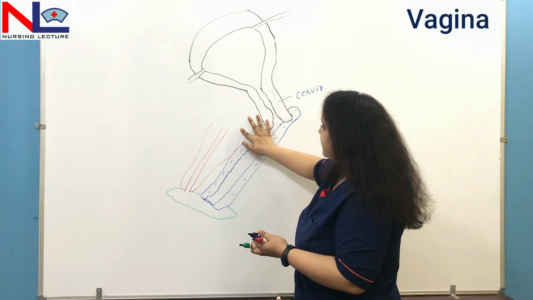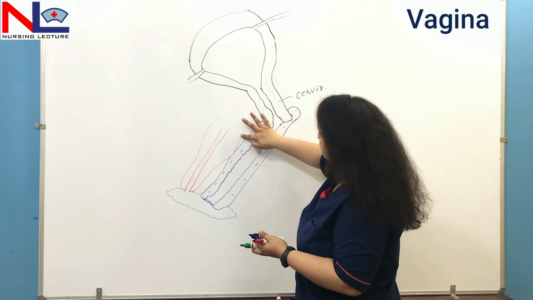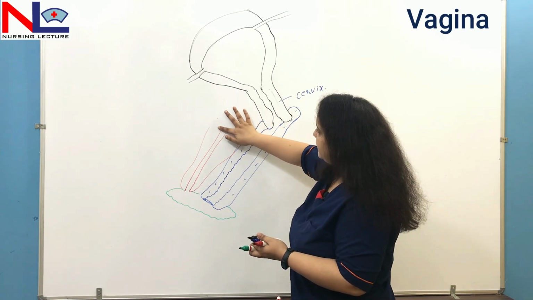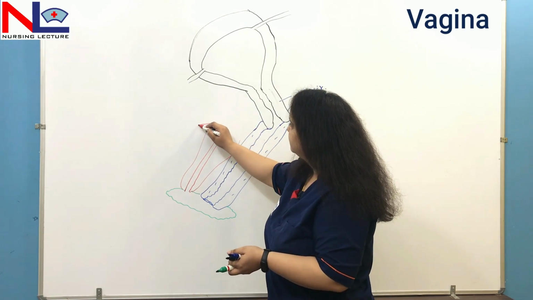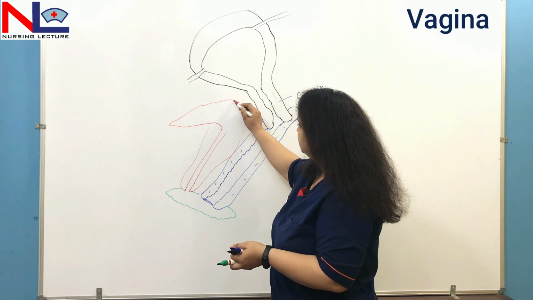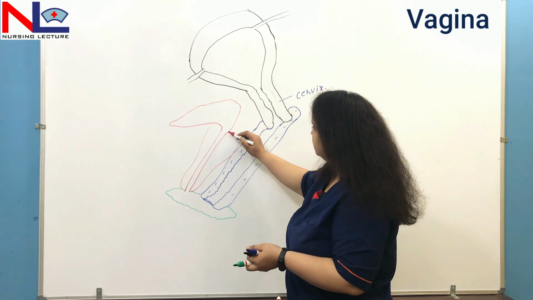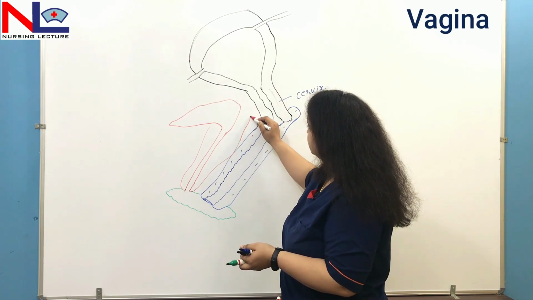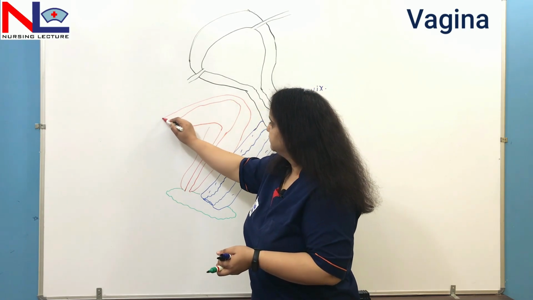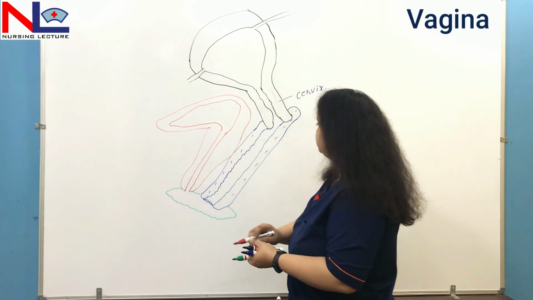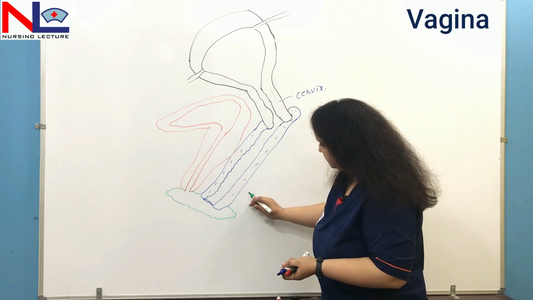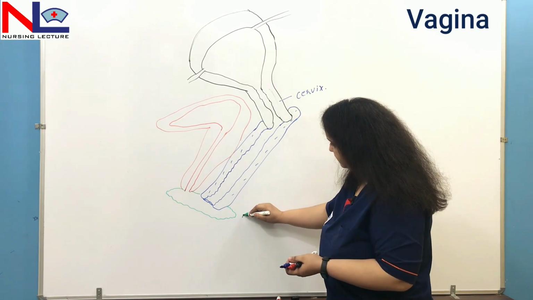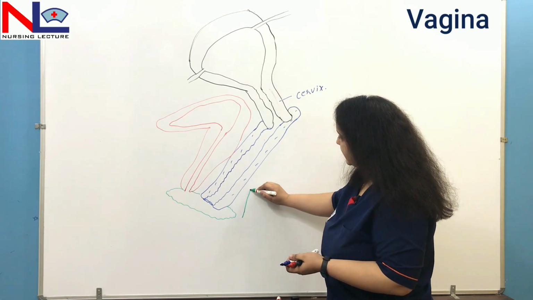So on the anterior aspect, let me draw the figure completely. Here is the bladder. And posteriorly, there is the rectum.